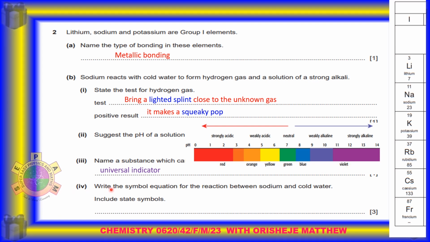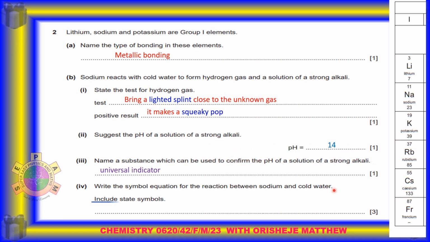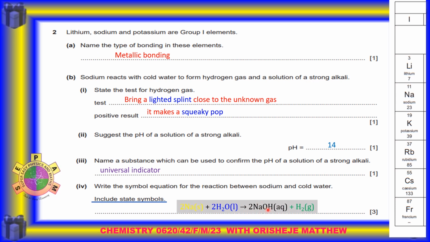Now write the symbol equation for the reaction between sodium and cold water. Include the state symbols. Most students ignore that. So we have sodium plus water to give sodium hydroxide plus hydrogen, which is given off as a gas. The states are aqueous, liquid, and solid.